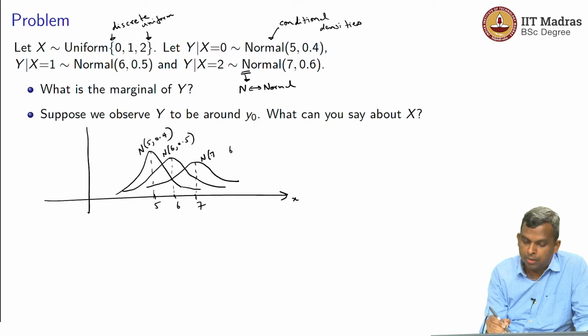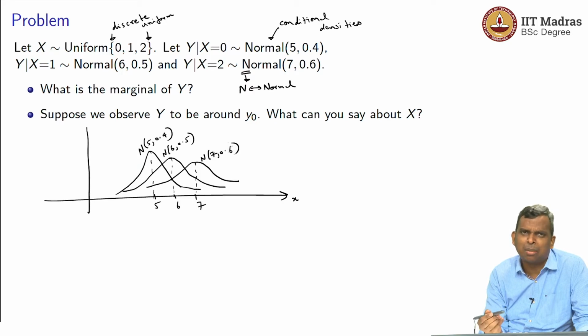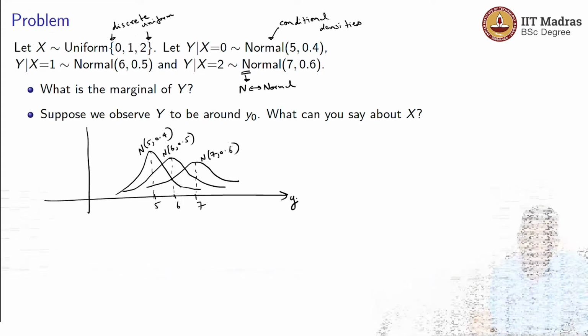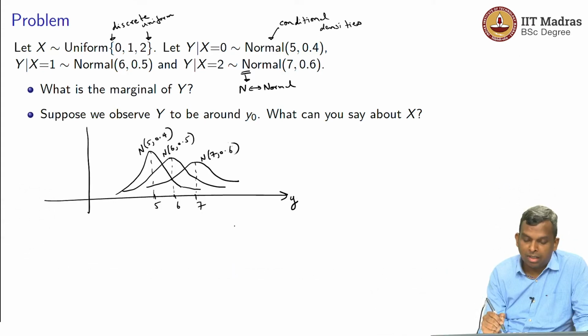Each of these is the conditional distribution of Y given X became 0, X became 1, and X became 2, sort of like the sepal length. I shouldn't say this is X, this is Y, I'm sorry. So Y given X equals 0, 1, and 2.